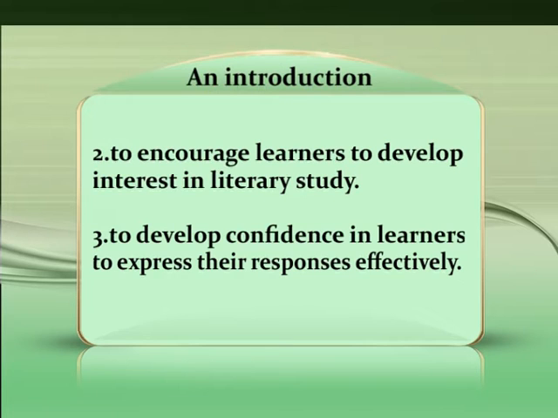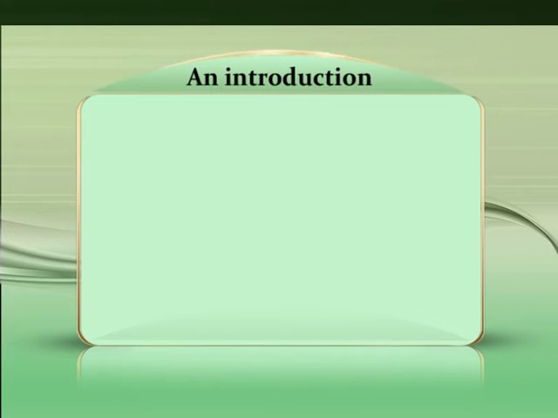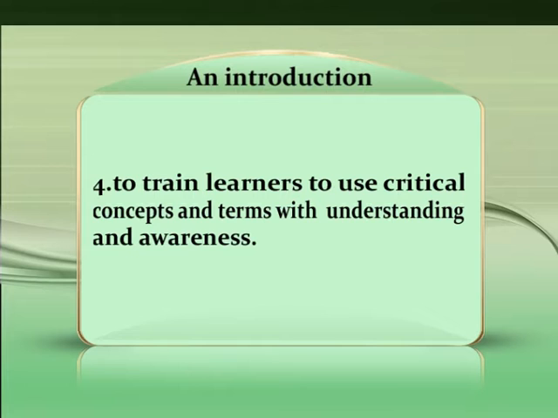You must be confident with yourselves. They will develop confidence to express your responses effectively and in a better way. And the last objective is to train you how to use critical concepts and how to use terms with understanding and awareness.